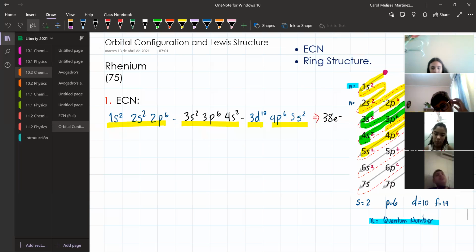I will continue. And it says, from 5s2, I continue the dash line until I go to 4d10, 5p6, 6s2. Okay, then I continue.